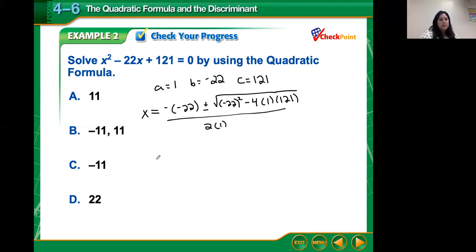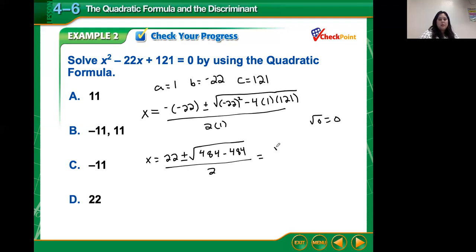And then we're going to go ahead and simplify. We get x equals positive 22 plus or minus the square root of 484 minus 484. So 22 squared is 484. 4 times 121 is 484. And dividing by 2, this ends up being the square root of 0, and the square root of 0 equals 0.